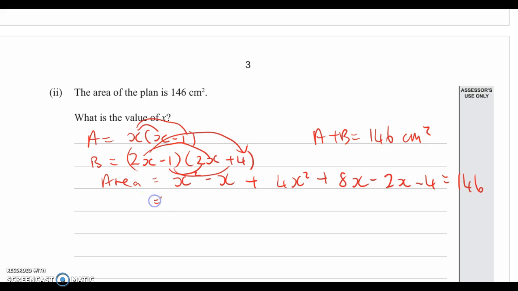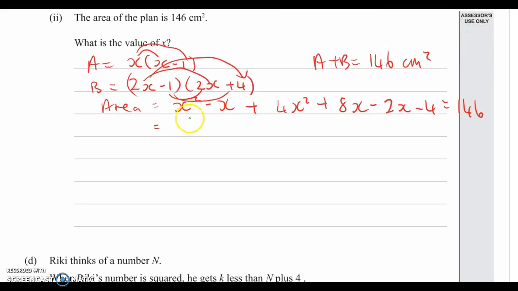So let's add all my like terms together. x squared plus 4x squared is 5x squared, minus x plus 8x is plus 7x, minus 2x is 5x, and minus 4 equals 146.